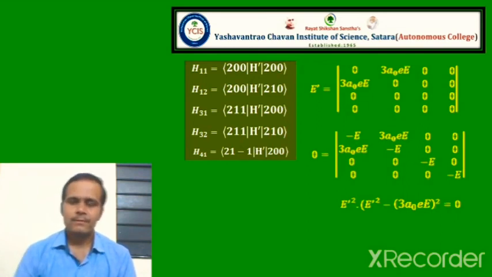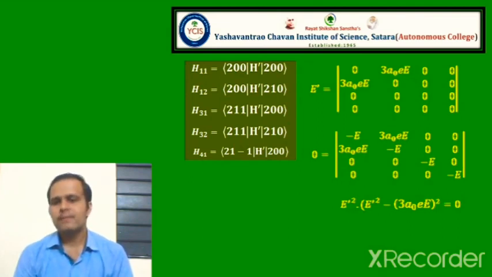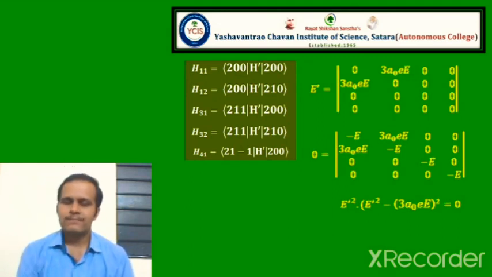With this, now we have E dash square into (E dash square minus 3a naught E whole square) equal to 0. And if you solve this equation, you will get 4 different values of E dash, because here E dash raised to 4 is there, and hence we will get 4 different values. 4 by 4 determinant is there, so we will get 4 different E dash values.